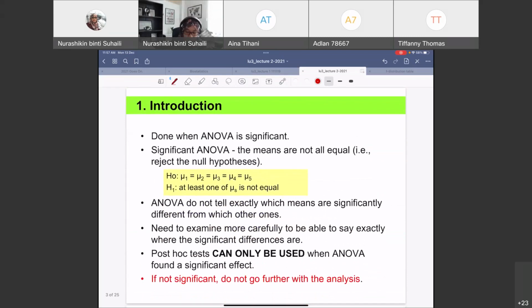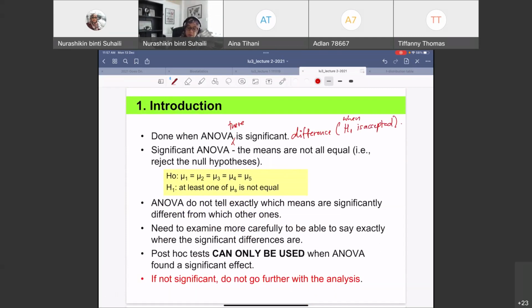It is done when there is a significant difference, or in other words, when the alternative hypothesis is accepted.